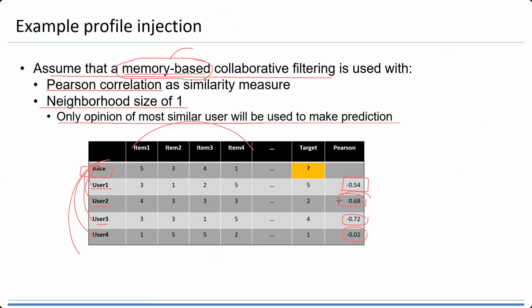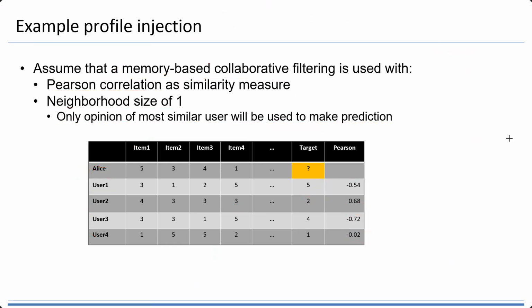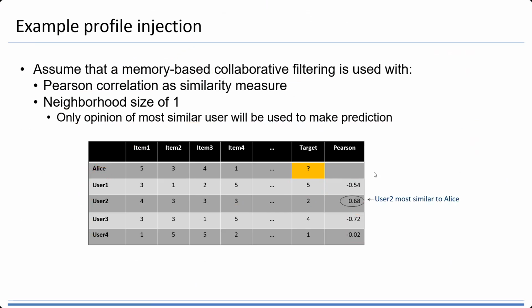Then we know user 2 is the highest. This opinion will be used for the prediction, because if this user rated 2, Alice will probably also give 2. So Alice will get a rating of 2 according to the similarity with user 2.